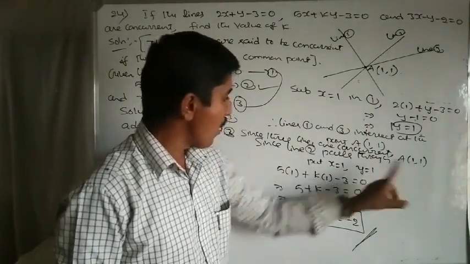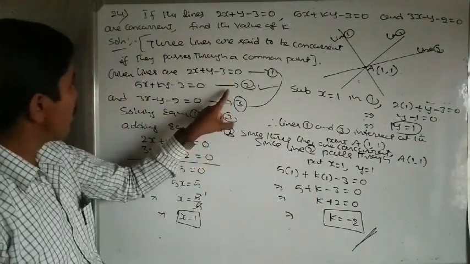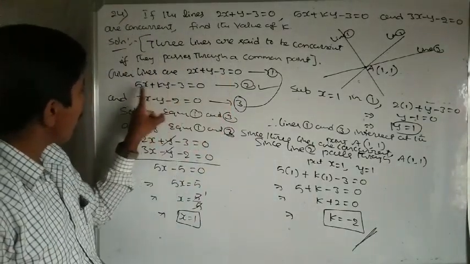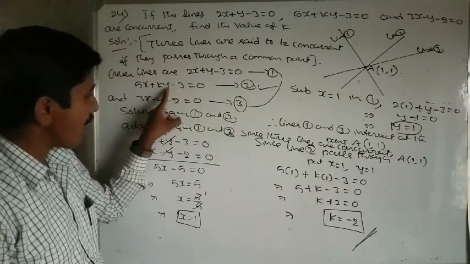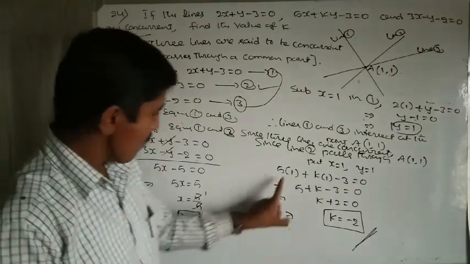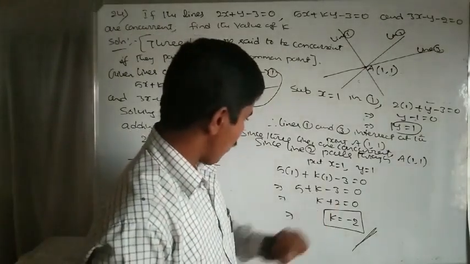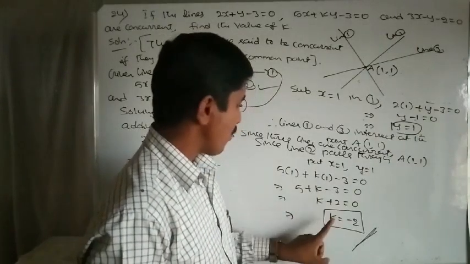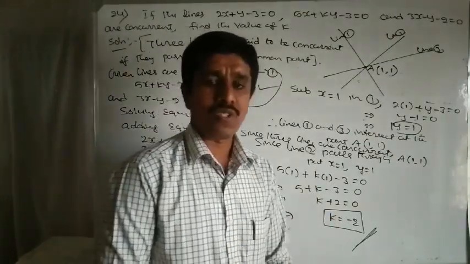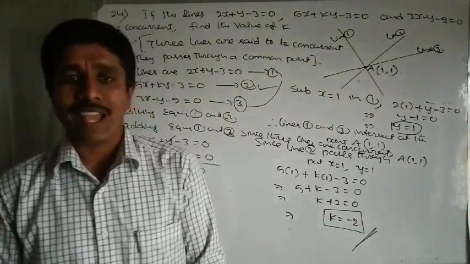Substitute x equal to 1 and y equal to 1 in equation 2. 5 into 1 plus k into 1 minus 3 is equal to 0. 5 plus k minus 3 is equal to 0. k plus 2 is equal to 0. We get the k value as minus 2. Mind it, this chapter has been finished.